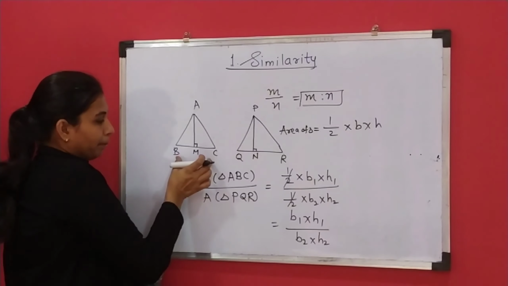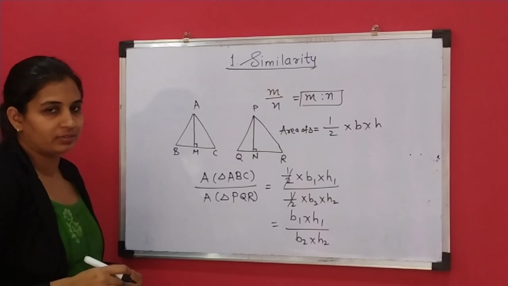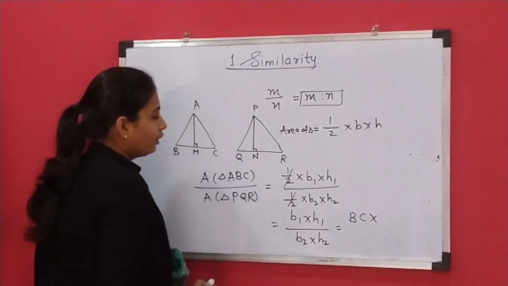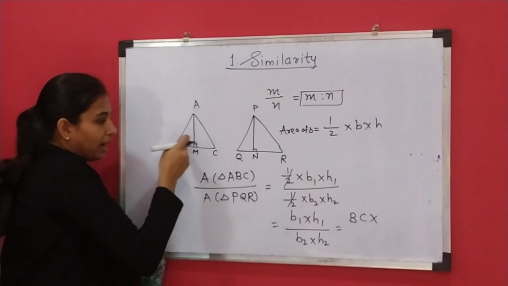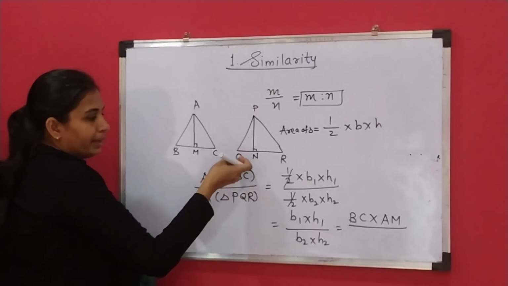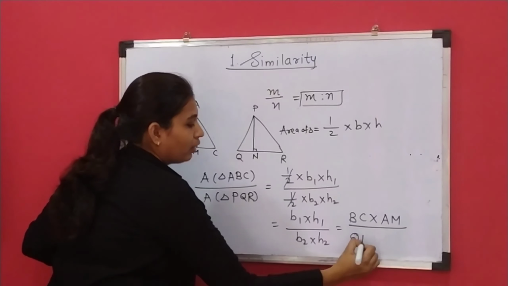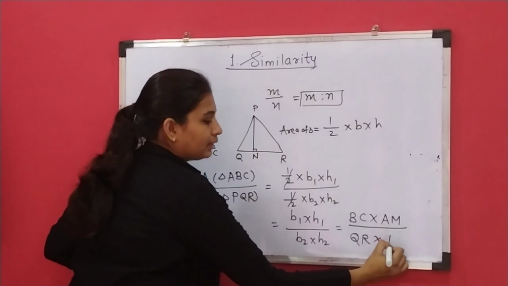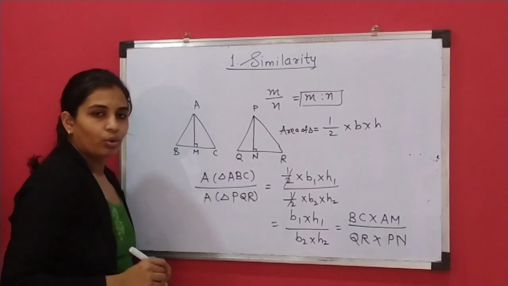Now B1 means the base of the first triangle, that is BC here, and H1 means height, that is AM. For the other triangle, B2 is base QR and H2 is height PN.